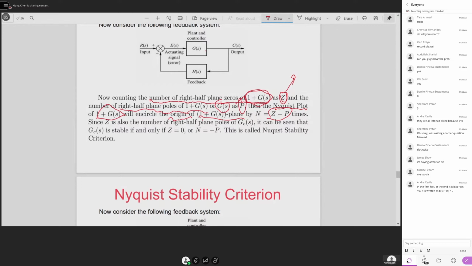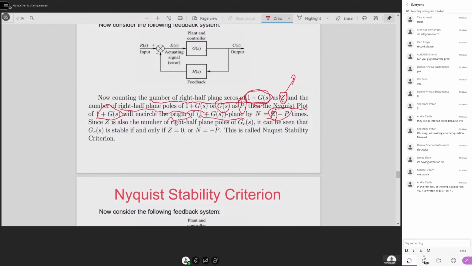The key word here is Z. What is Z? I've just said that Z indicates the number of right half plane closed loop poles, right?